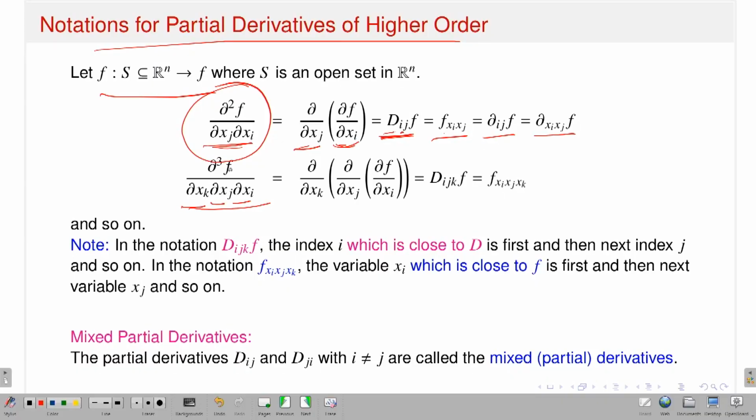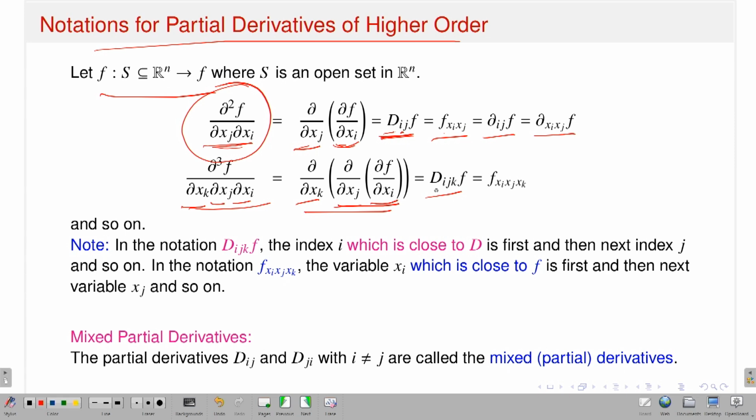That I am denoting as del 3f del xk del xj del xi. First do the partial derivative with respect to xi variable, think about this as a function from Rn to R, then perform the partial derivative with respect to xj variable, think about this as a function from Rn to R, and then perform the derivative with respect to xk variable. So again this is the notation d suffix ijk.